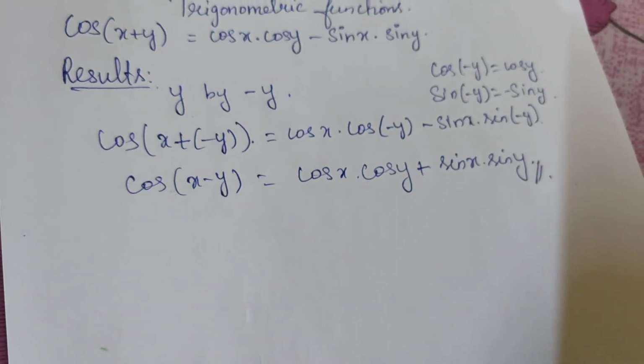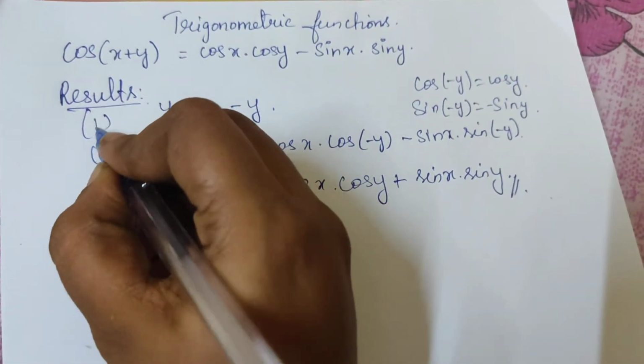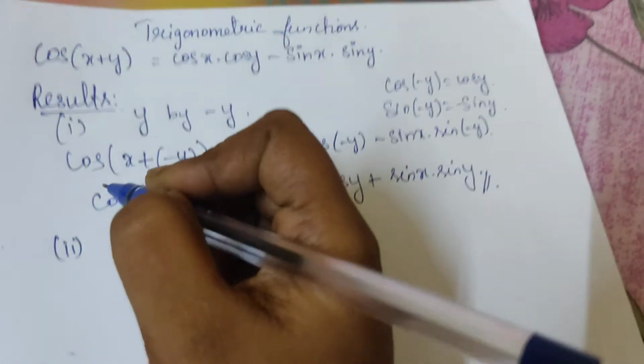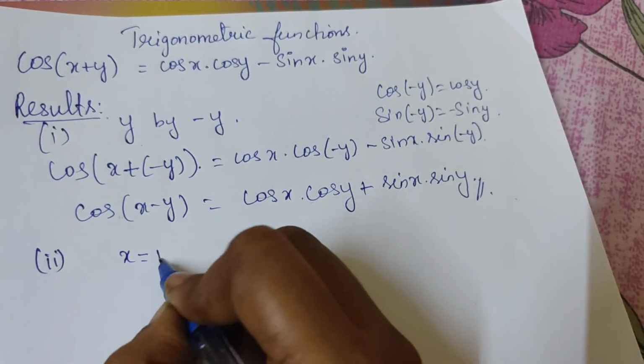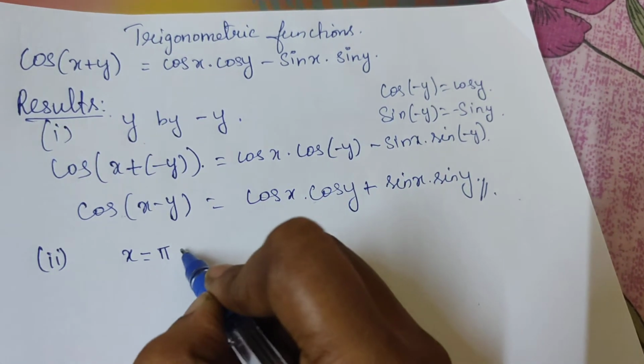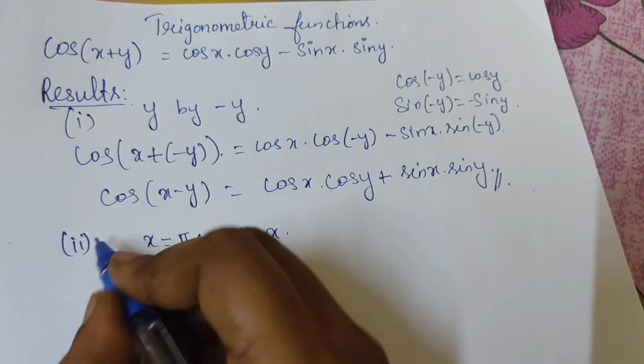Now we will look at another result. In this I am going to replace x as pi by 2 and y as x.